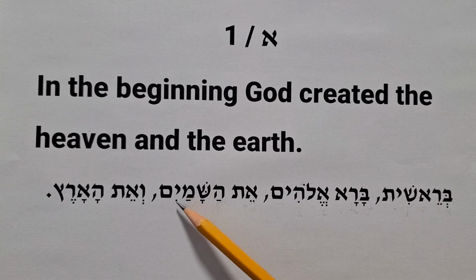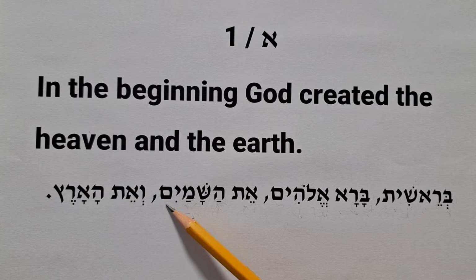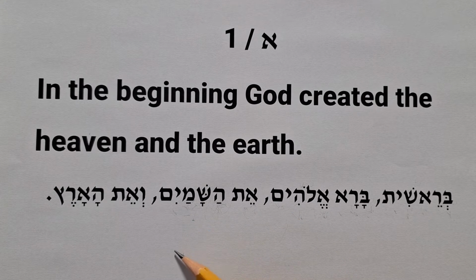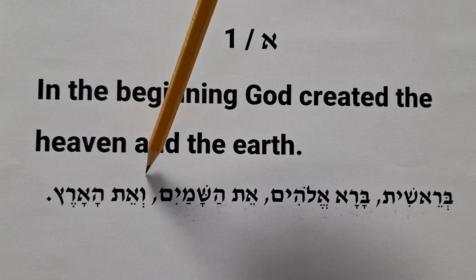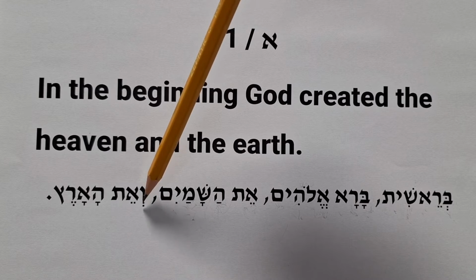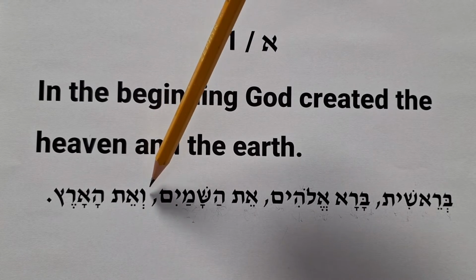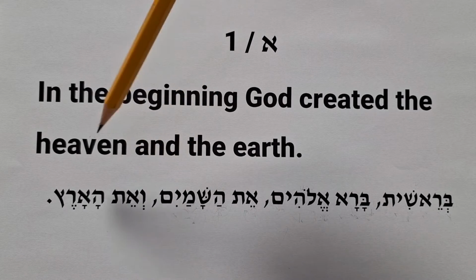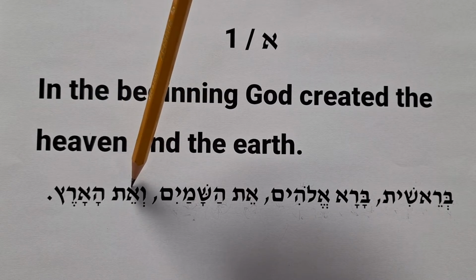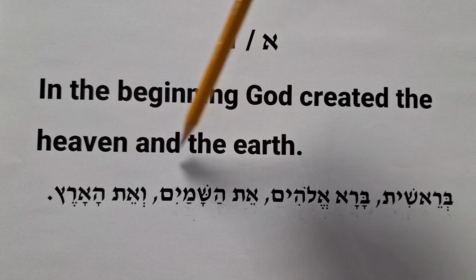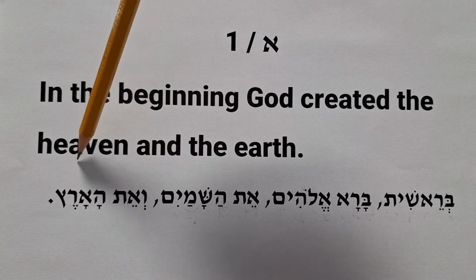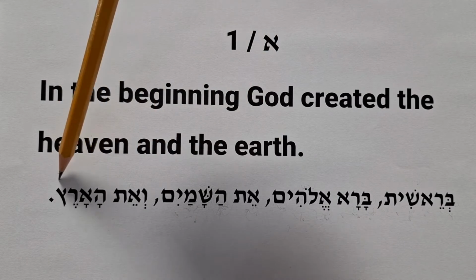And again, yud, chirik, im, mem sofit, just like here, hashamayim, comma, and ve, yes, this is vav, the vav with shvana, so it sounds a bit like tsere, but it's a smaller sound, ve. Again, aleph, just like here, et, but just with vav, ve'et, earth, Haaretz.